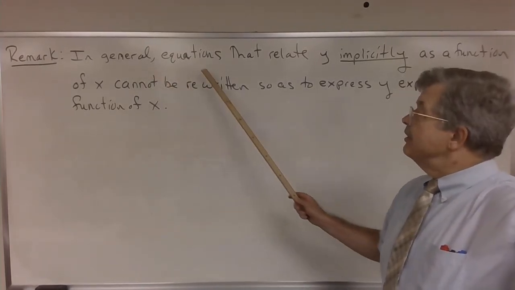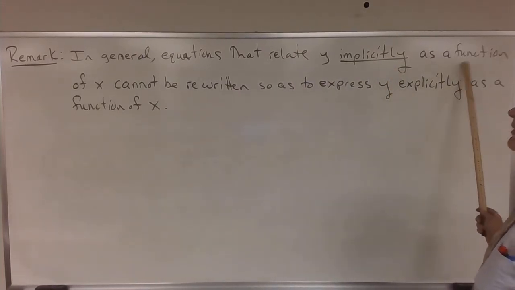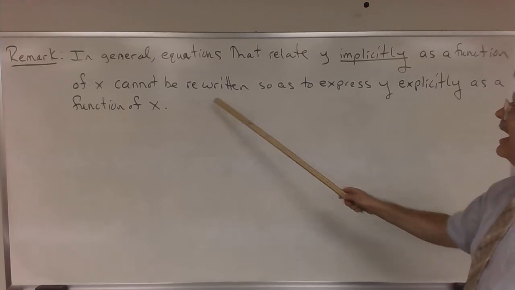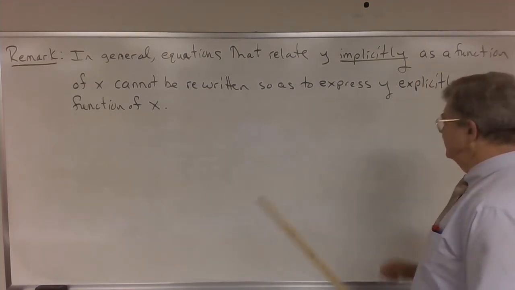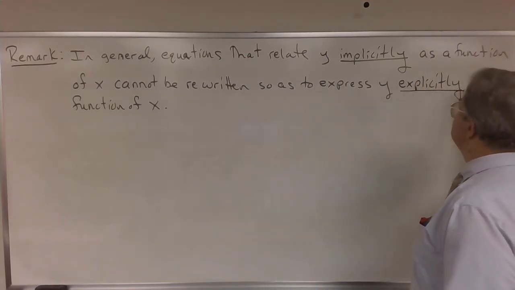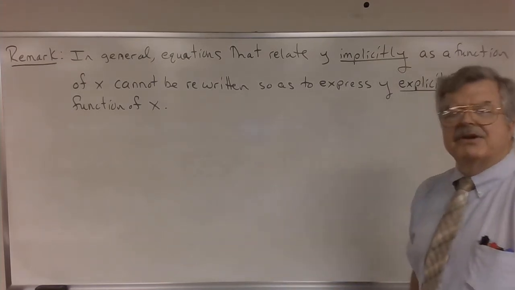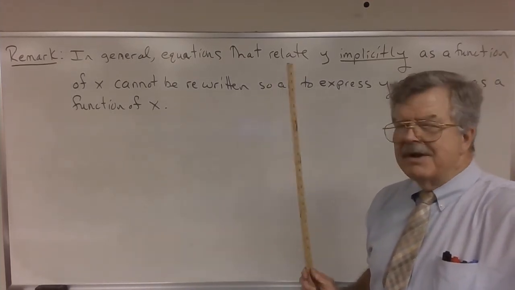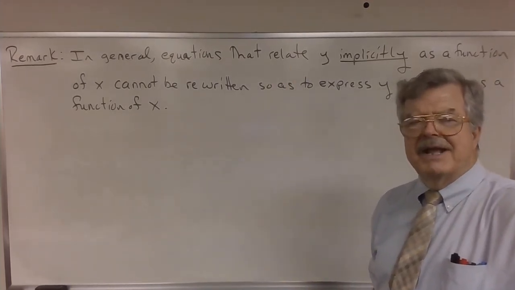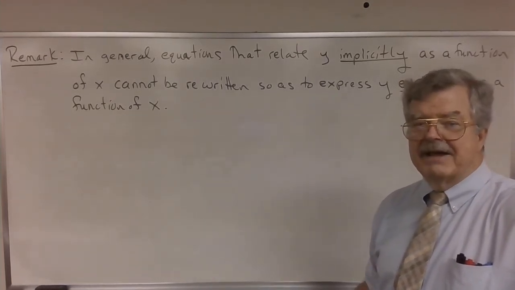It says, in general, equations that relate y implicitly as a function of x cannot be rewritten so as to express y explicitly as a function of x. So, in general, if we have an equation that relates y implicitly as a function of x, we're not going to be able to rewrite it so that y is expressed explicitly as a function of x.